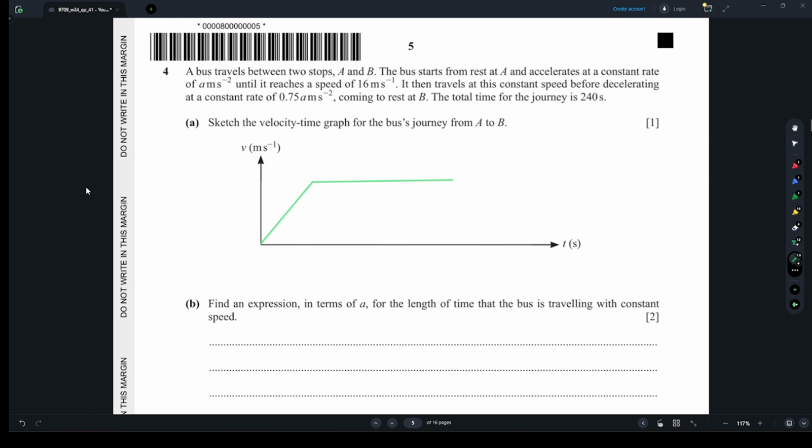This moves with a constant velocity and then decelerates at a constant rate of 0.75a. If you want to be precise, you have to consider the slope of the acceleration part, because in the first part the acceleration is just a, and in the deceleration part it's 0.75 times a.